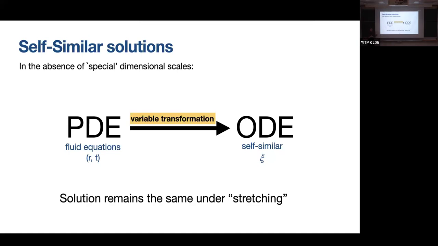For example, if we're solving for the pressure in the fluid equations and looking at the profile of the pressure at various times, if we stretch the axis by the appropriate, time-dependent amount, the solution remains the same at all times.